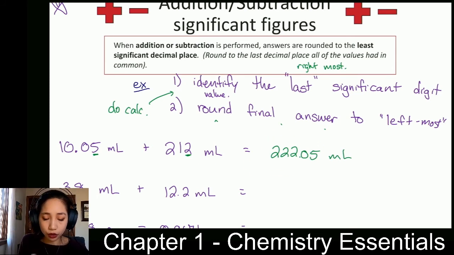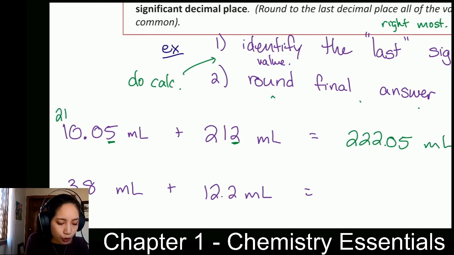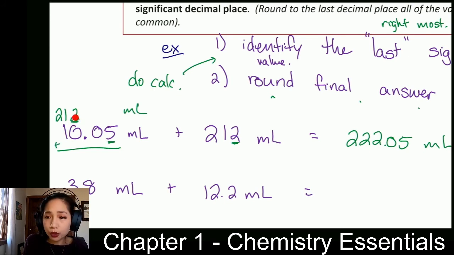But now let's look at significant figures. I've identified the last rightmost significant figure in both of these values, but now I need to round my answer to whatever place value is the leftmost. It's clearer to see if you put the numbers on top of one another. You see here, the 2 in 212 is in the ones place and in 10.05, that 5 is in the hundredths place.